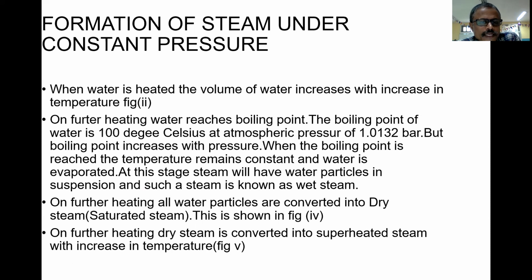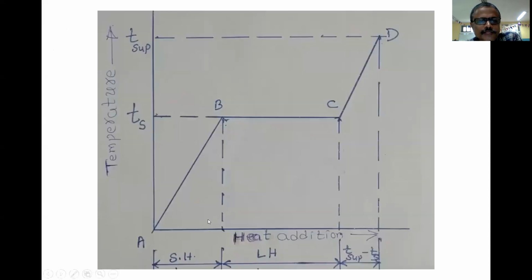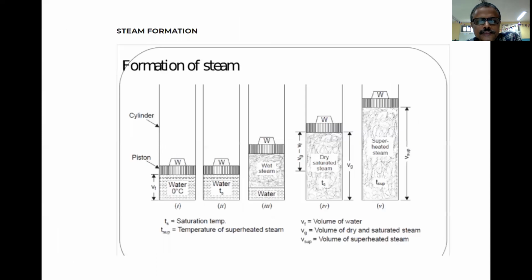Continue the heating of wet steam, then all the water particles are converted into dry steam or dry saturated steam. In dry steam, there are no water particles. That is shown in figure 4 of the previous diagram. Here you can see the dry saturated steam.